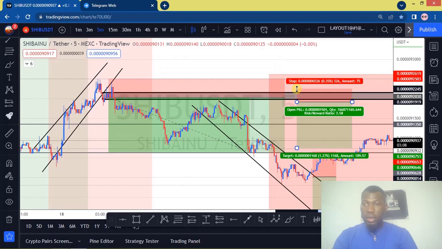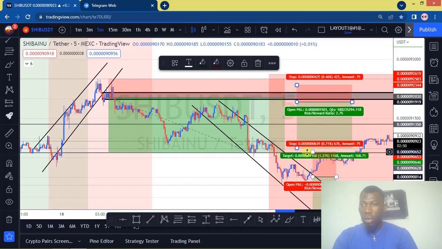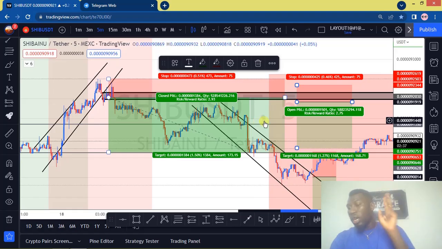Then if you reduce your stop loss, look at it here, 320 pips stop loss, 420 pips stop loss, and so on. So the number beside the percentage is the number of pips for this trade.